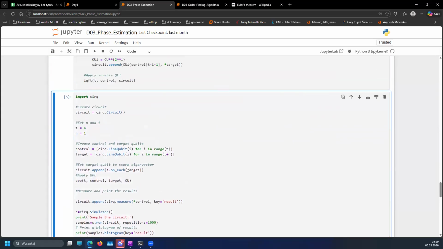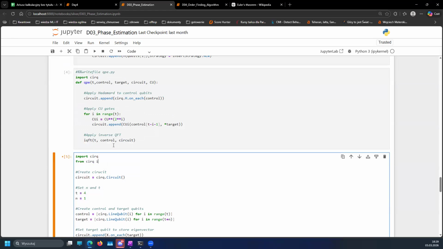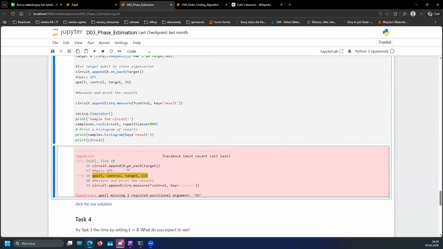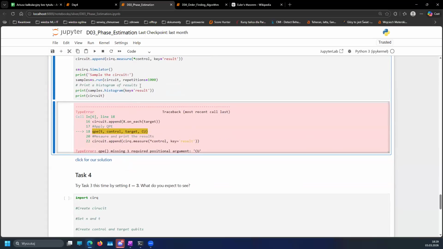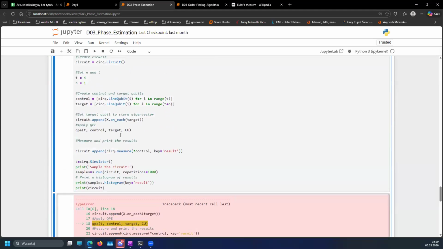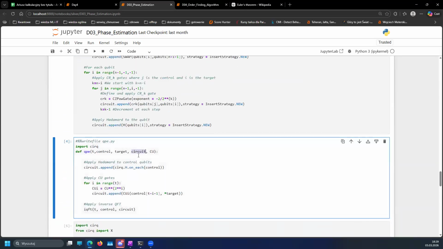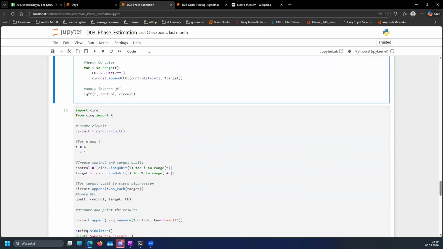Let's check if I have any errors. Name error: X is not defined. So I believe I need to import the X gate from Cirq, so from cirq import X. I forgot about the circuits, because we have 5 arguments to pass.